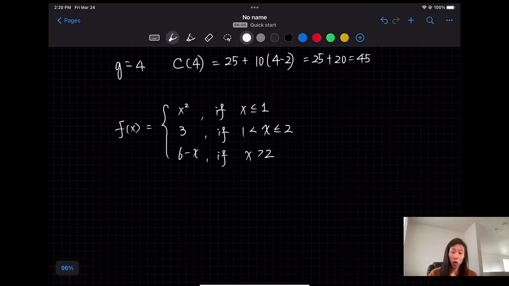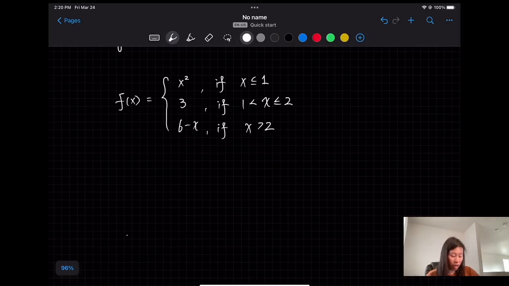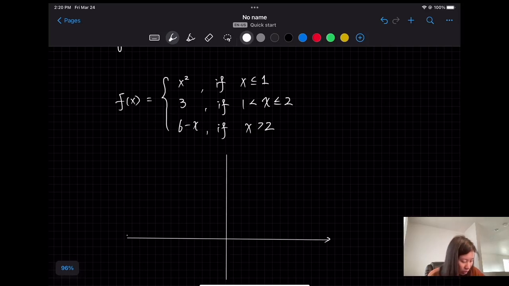I think you all know how to draw this function. It just now has a condition. Piecewise function. Now let's take a look.